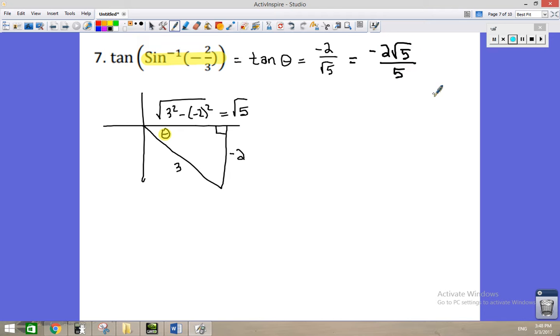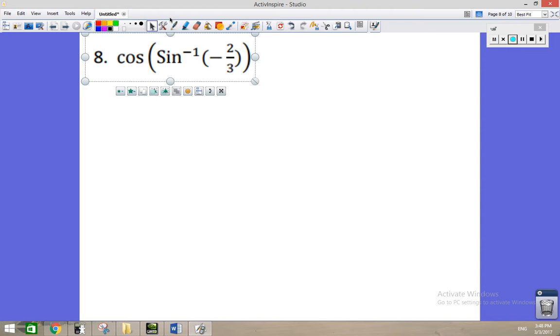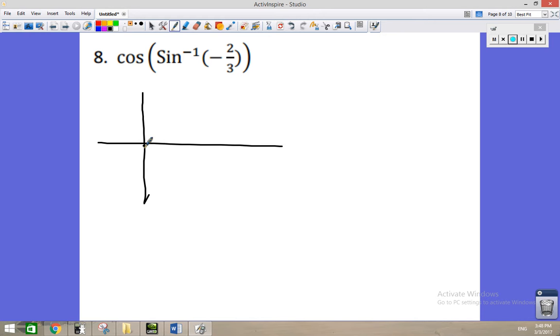Alright, so there is my final answer for number 7. Inverse sine, we think the right half of the unit circle, quadrants 1 and 4. With it being negative, let's draw our triangle down in quadrant 4. Call this theta. Make the negative be with negative 2 and have it go down, and have the hypotenuse be positive.